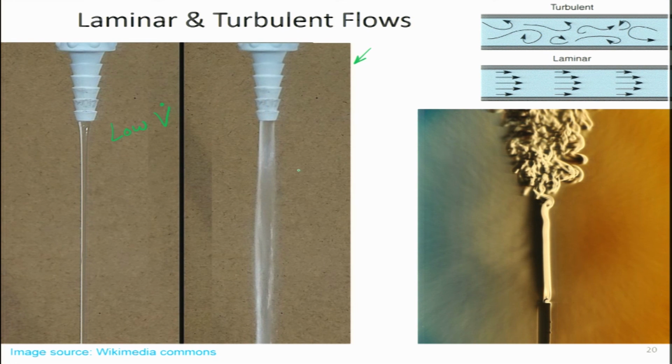And over here we can see highly turbulent flow, some sort of jet like formation, which has taken place because we have the high volumetric flow rate. So, in this case it is the low Reynolds number case, and over here we have the high Reynolds number case.